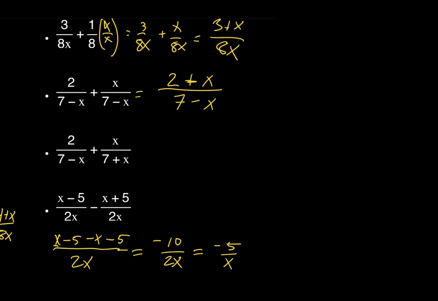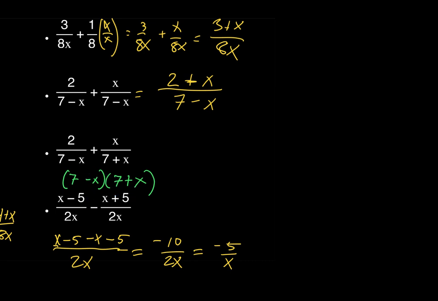On this one, my common denominator will be 7 minus x times 7 plus x. So then I have to think, all right, how do I get this to have this as my denominator?